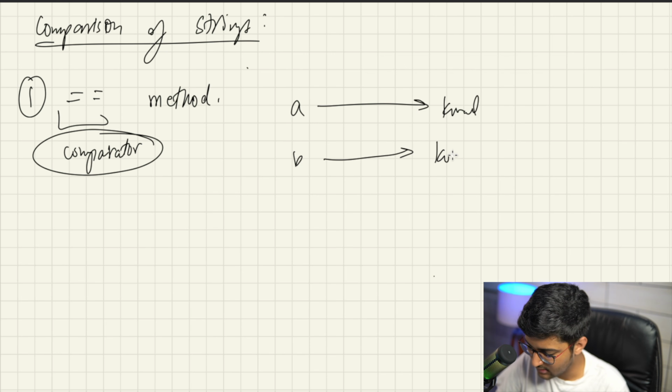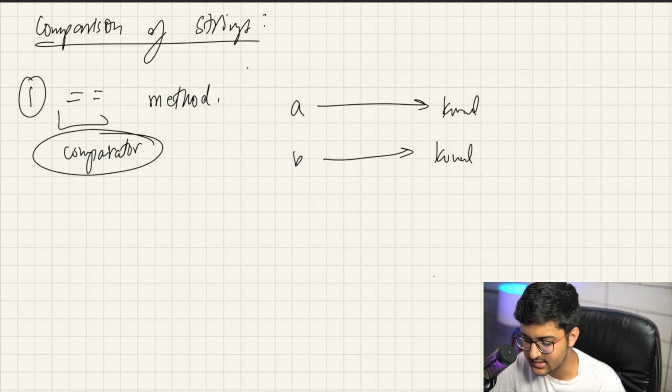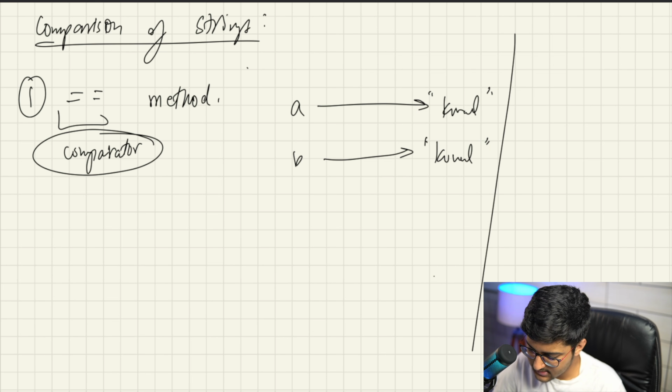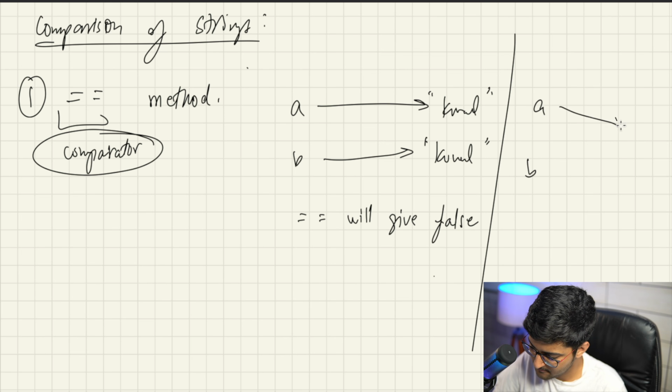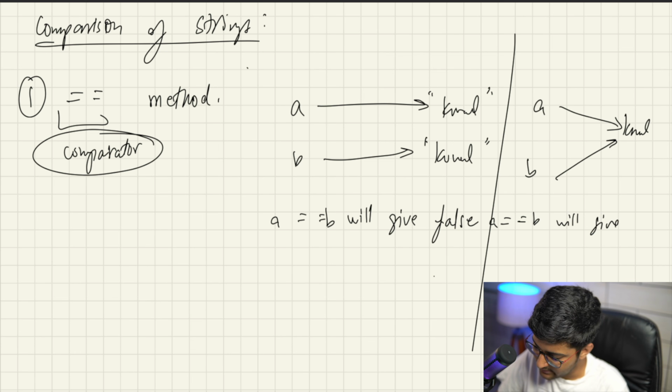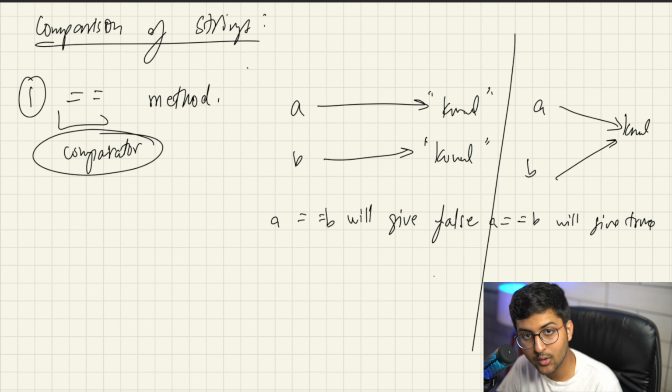Okay, comparator. All right. So in this case, what happens is that if A is pointing to Kunal, B is pointing to another Kunal. Let's say these are two different objects. I'll also show you how to create different objects. In this case, equal to will give false. A equal to B will give true. So what is equal to doing?